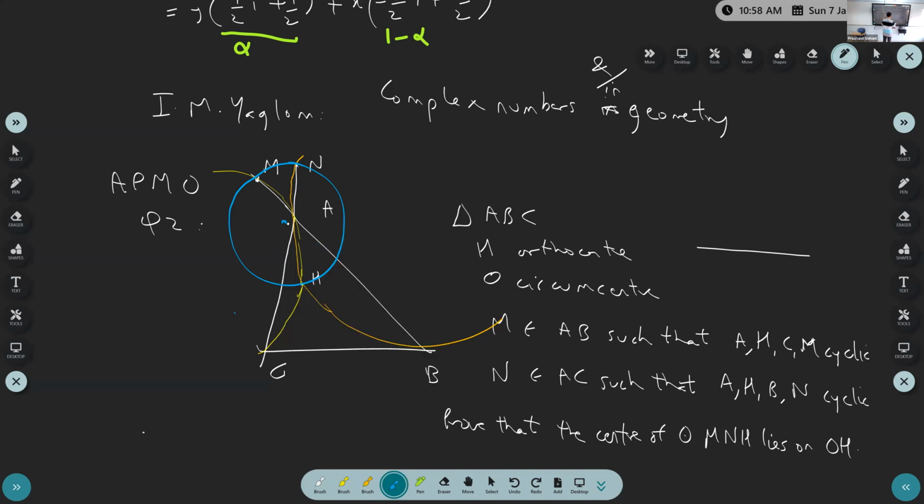Okay, but anyway, we don't have time to try this problem today, so we'll discuss it next time. And I think we can probably try this with pure geometry also. But if you just Google like complex numbers in geometry, you'll get lots of resources online also.